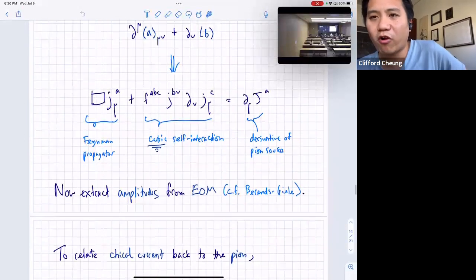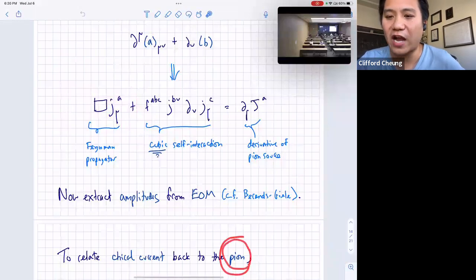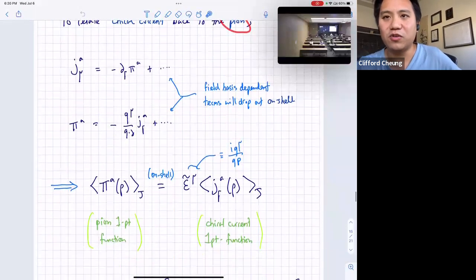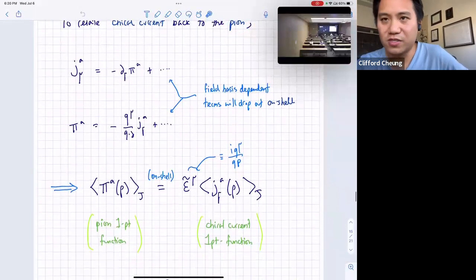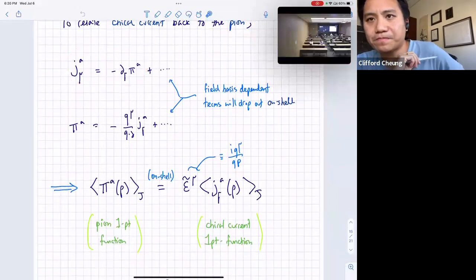Now, of course, the first thing you should worry about is that, wait a minute, I don't care about current amplitudes. I care about pion amplitudes. I don't want the correlation functions of the chiral current. I want correlation functions of pions. But here we can use a very amusing fact, well, not amusing, but just fact, which is that J is, of course, related to the pion.